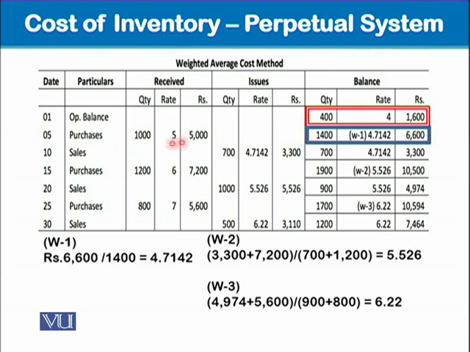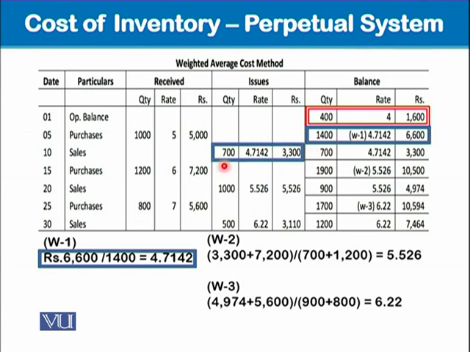400 plus 1,000 is equal to 1,400. And this 1,600 plus 5,000 is equal to 6,600. Okay. Now we have to calculate weighted average rate. And here we go. This 6,600 divided by this 1,400 gives us 4.7142. So this 4.7142 will be placed over here as a rate.